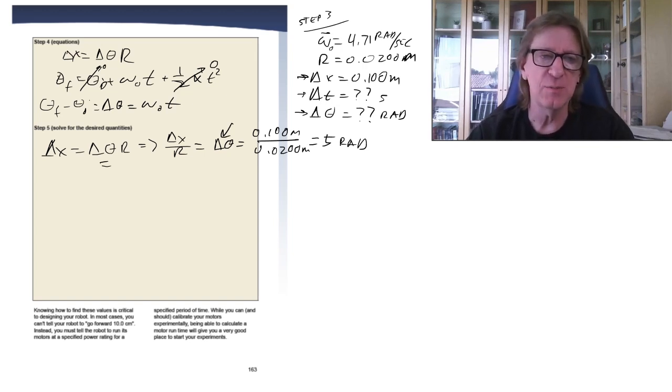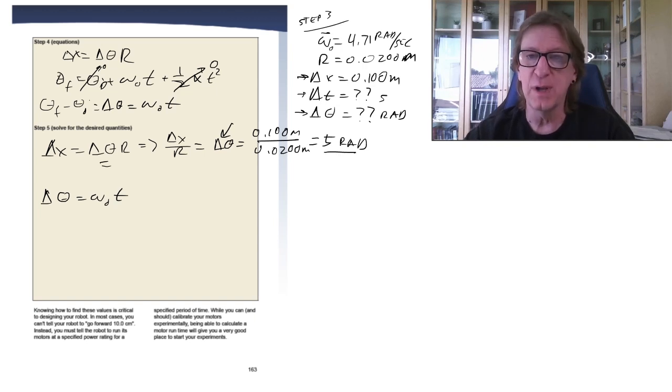Okay, so now I'm going to go to my rotational kinematics, and I know that this is equal to that, and I'm solving for t. So I've got delta theta, which we just found, is equal to omega 0, which is right here, times t. So time then must equal delta theta over omega 0.